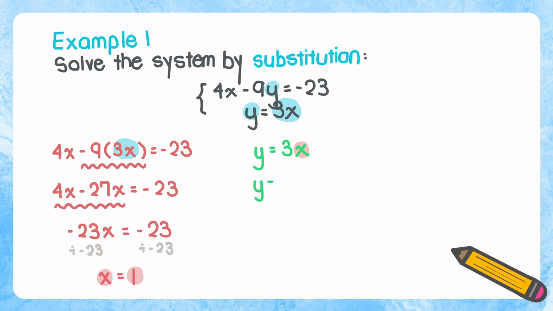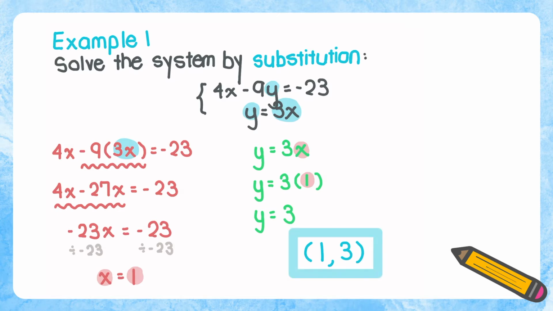So instead we have y equals 3 times 1, and that equals 3. So y equals 3. Our solution to this linear system is 1, 3, because x equals 1 and y equals 3.